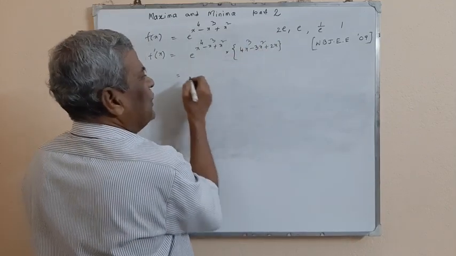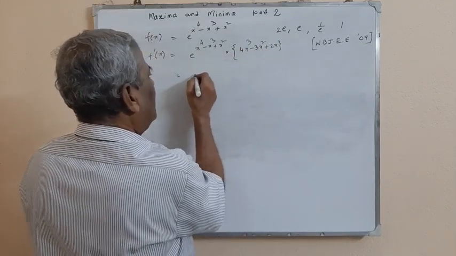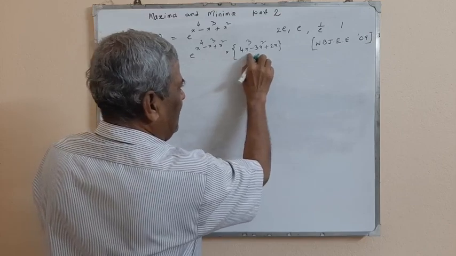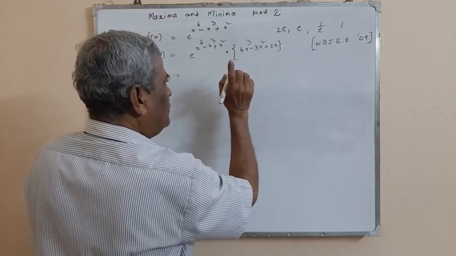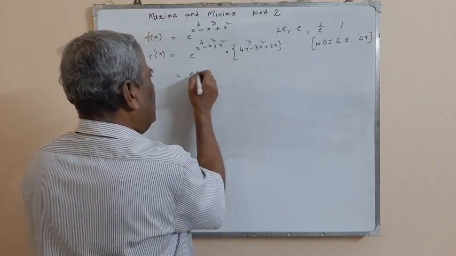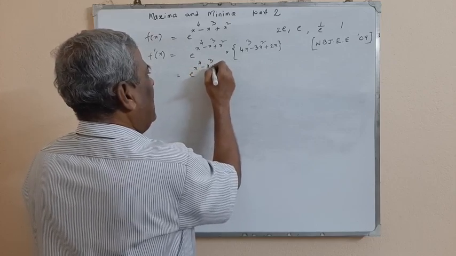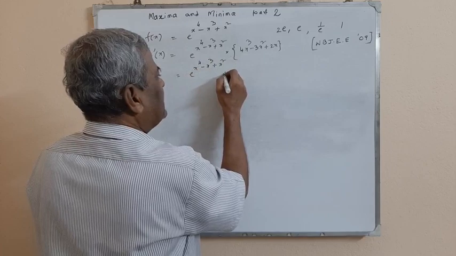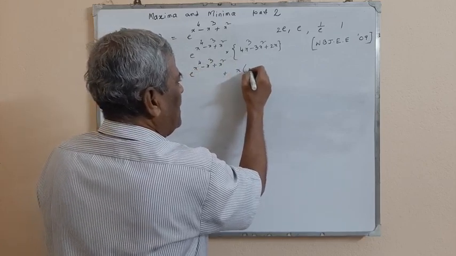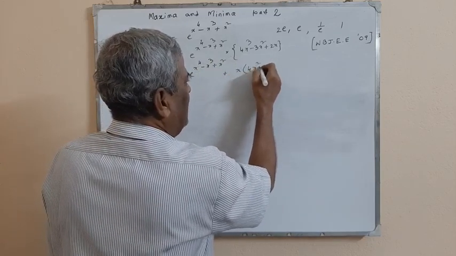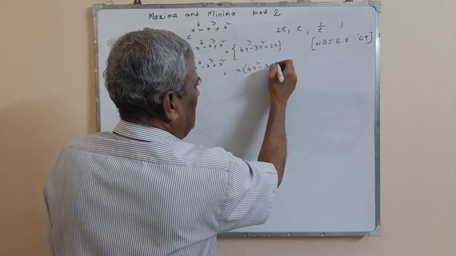From there x can be taken common. So e to the power x to the power 4 minus x cube plus x square into x into 4x square minus 3x plus 2.